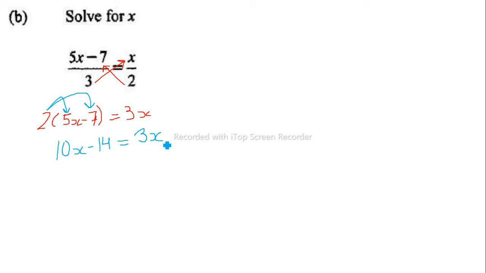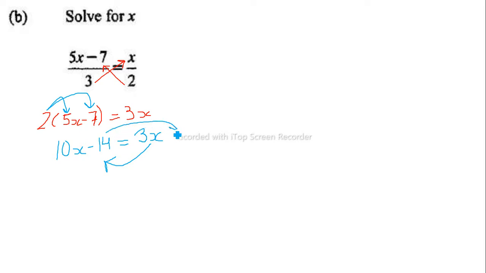Carry it to the left, and then the number goes over to the right. Okay, so let's do that. Mr. Petit, we can't move the 10x, right? The 10x is already on the right side.